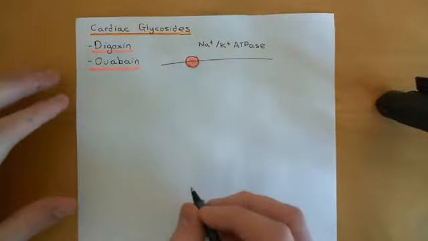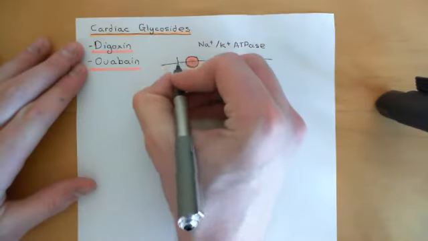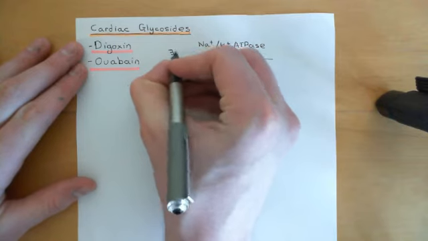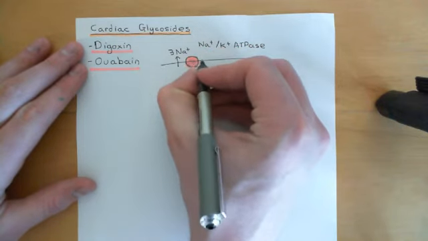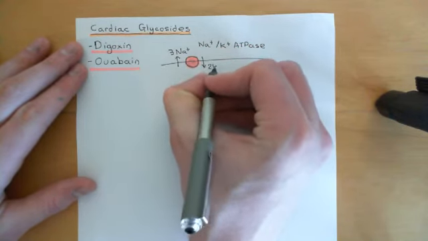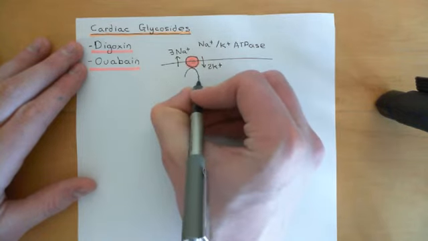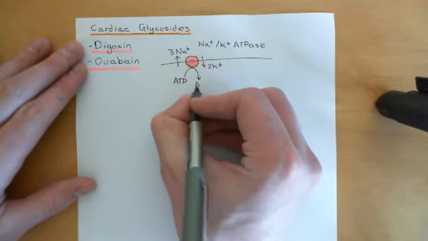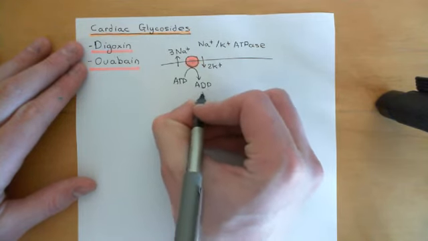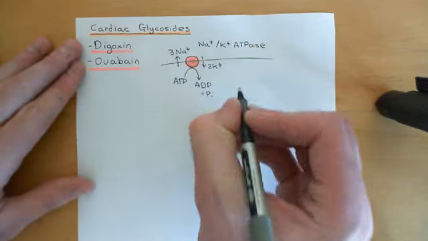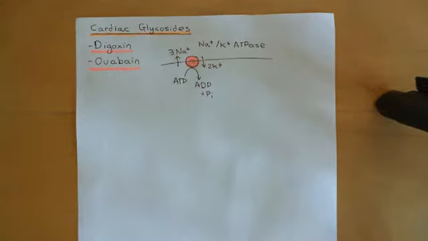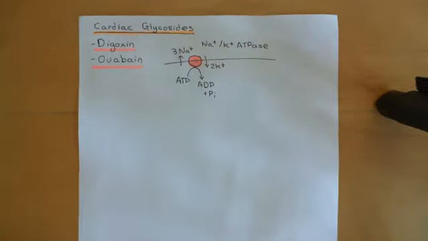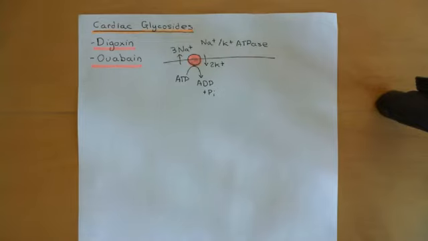Now what does it do? Well, it's a primary active transporter. It throws 3 sodium ions out of the cell and brings 2 potassium ions into the cell. And every time it does that, it hydrolyzes a molecule of ATP down to adenosine diphosphate, ADP, and inorganic phosphate. Now, it is incredibly important in maintaining the concentration gradients of sodium and potassium across the cell membrane.